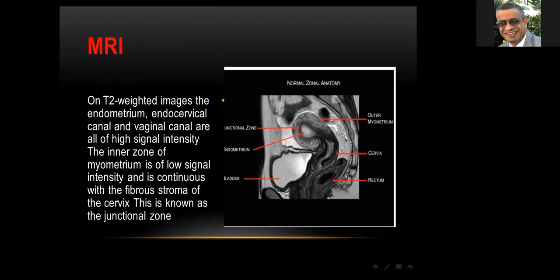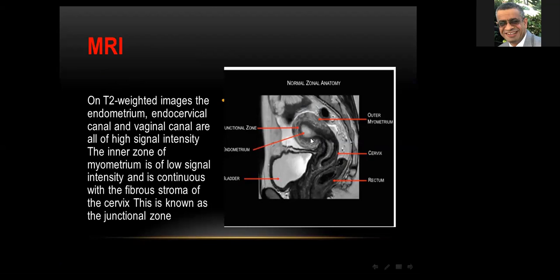On T2 weighted image, the endometrium, endocervical, and the vaginal canal are all of high signal intensity. The inner zone of myometrium is continuous with the fibrous stroma of the cervix. This is known as the junctional zone.